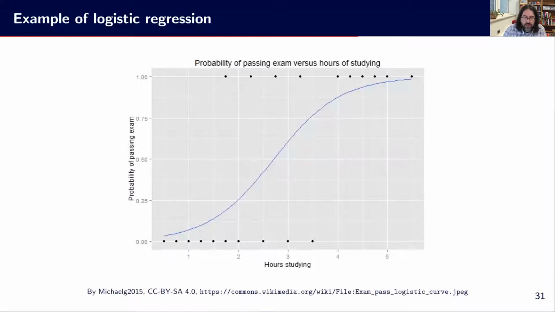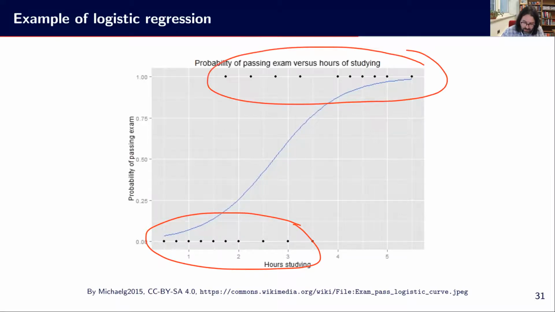If we are looking at some kind of problem, we can model it by this. We have here a simple problem taken from Wikipedia, where on the x-axis, we have the hours studying for an exam, and on the y-axis, the probability of passing that exam. And of course, when you don't study much, you get a lower probability of passing your exam. So these guys have failed, and these guys have passed.